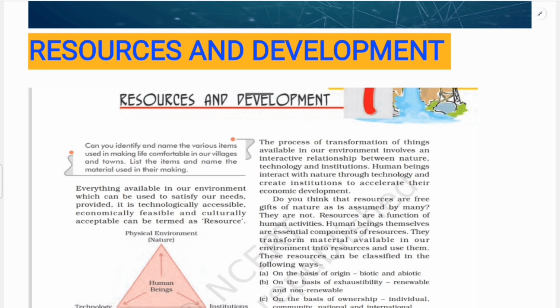It should be economically feasible and culturally acceptable. So these points are very important. Culturally acceptable, economically feasible, these are termed as resource.